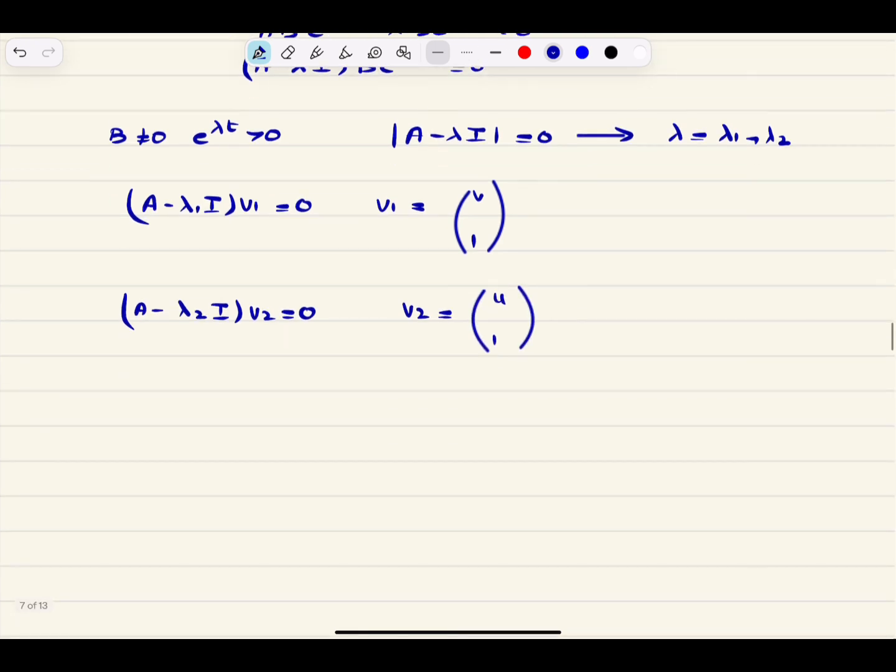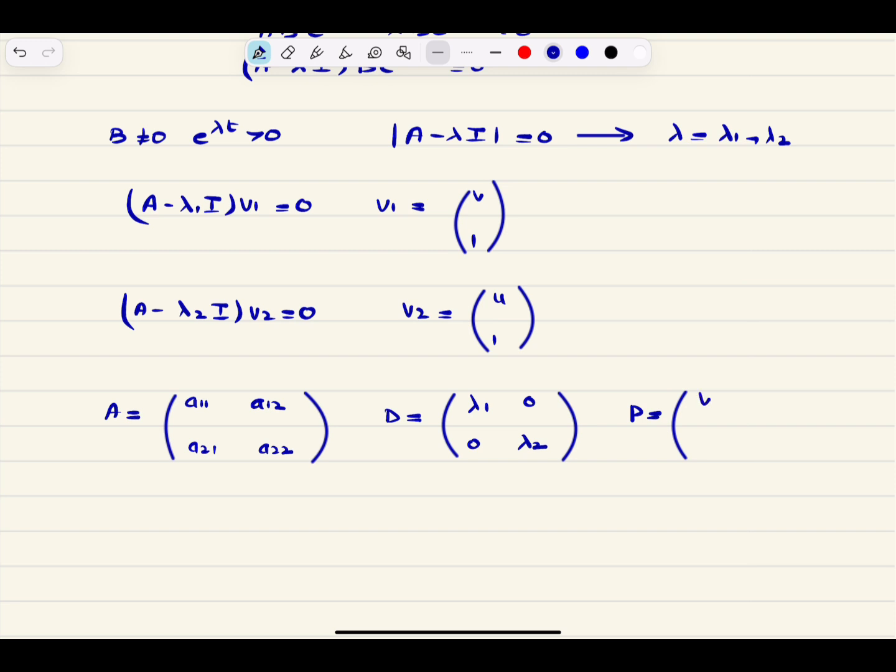So therefore we had a matrix A, which was A11, A12, A21, A22. We ended up with a diagonal matrix with lambda 1, 0, 0, lambda 2, and we had a P matrix, the first column v1, second column u1.